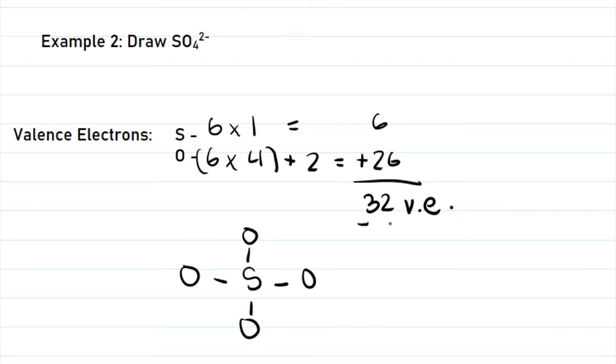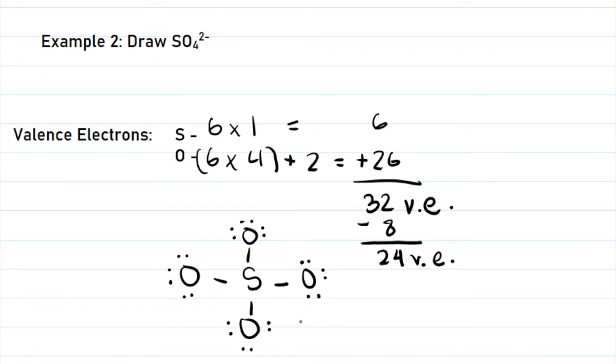So if you subtract 8, you get 24 valence electrons. So you'll draw that. 2, 3, 4, 5, 6, 7, 8, 9, 10, 11, 12. Right, so that's 24 valence electrons in total.